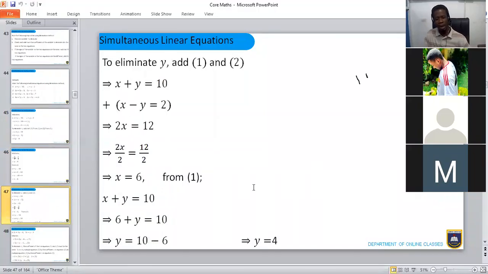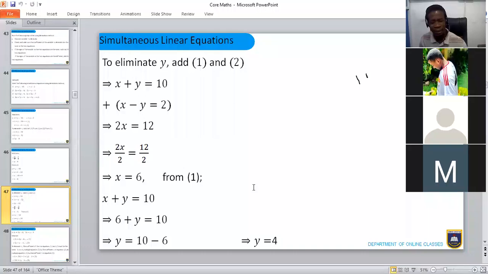Now let's look at the other way around. First, we eliminated x. Now let's see if you want to eliminate y. What happens then? Now we want to eliminate y. So from equations 1 and 2, we have to check whether the coefficients are the same. Now we have the coefficients to be 1, 1.